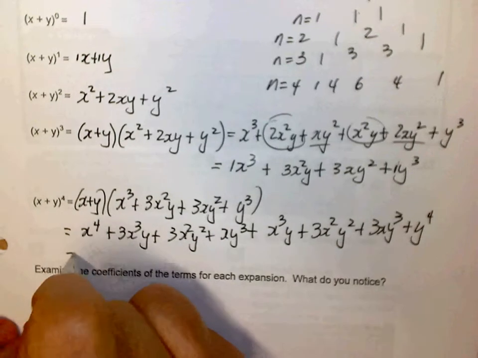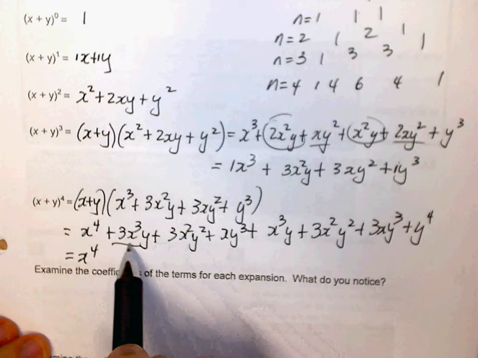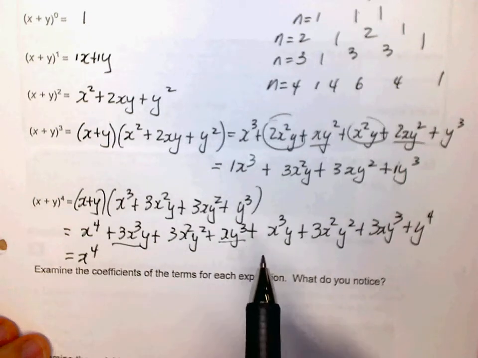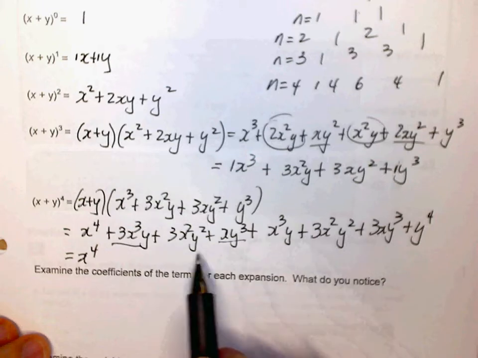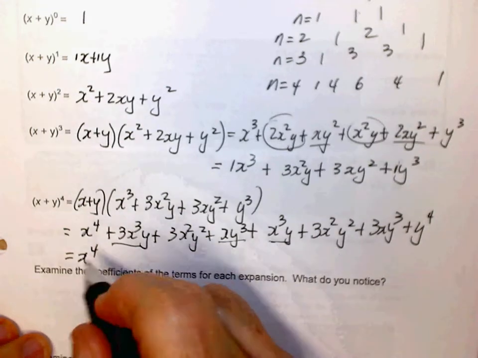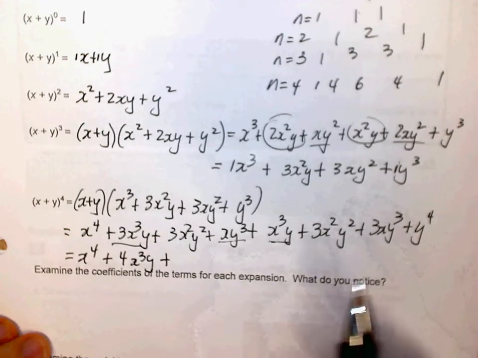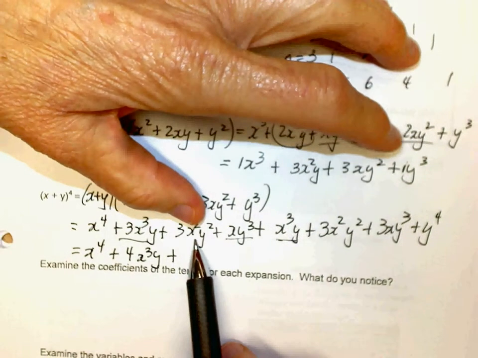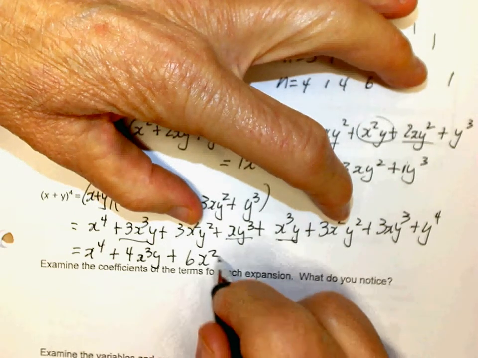Okay, so we have x to the 4. Now let's add up all our x cubed y terms. Do we have another x cubed y? Right there. So that's plus 4x cubed y plus, let's do our x squared y squared. There's 3 and 3, so there's 6x squared y squared.